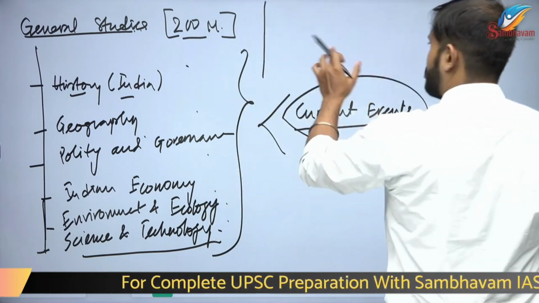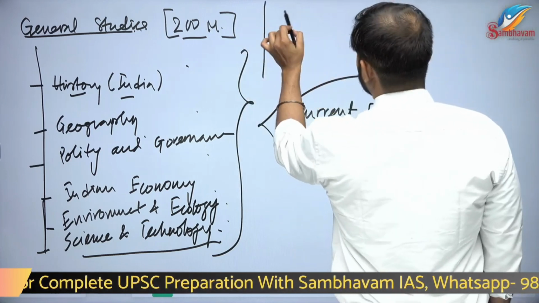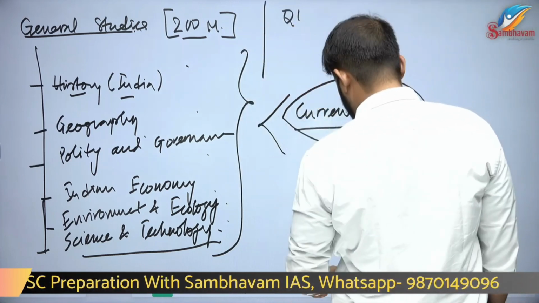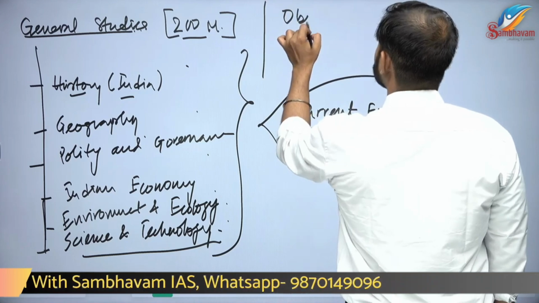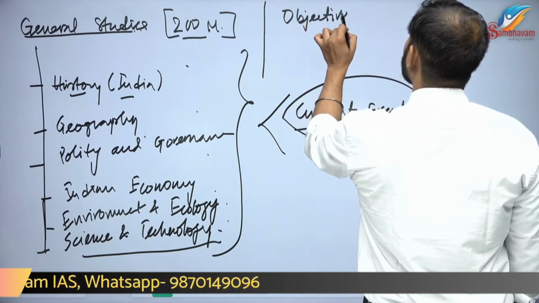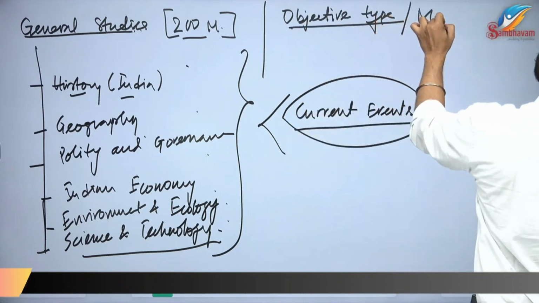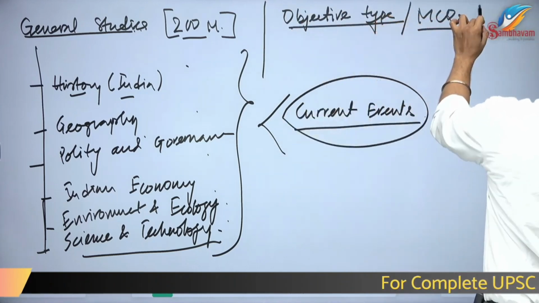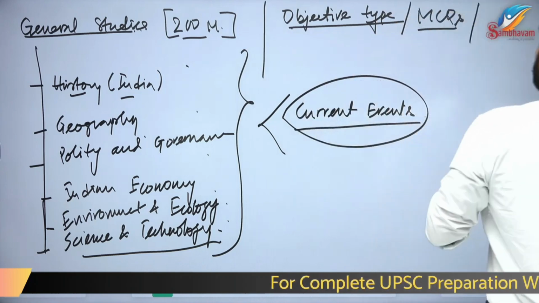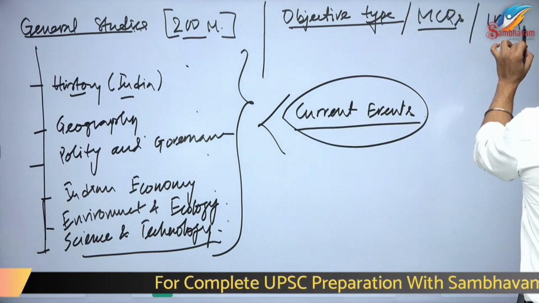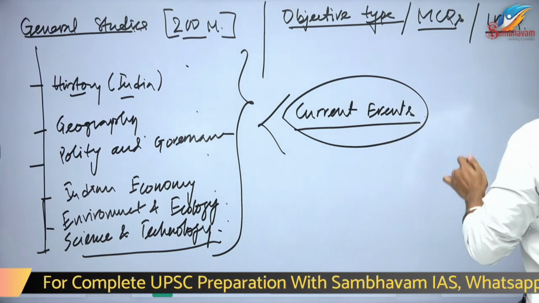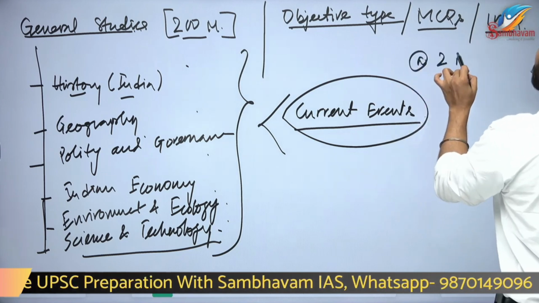This syllabus is of 200 marks. Please remember, it is going to be objective type. That means multiple choice questionnaires. Total there will be 100 questions and each question will be of 2 marks.